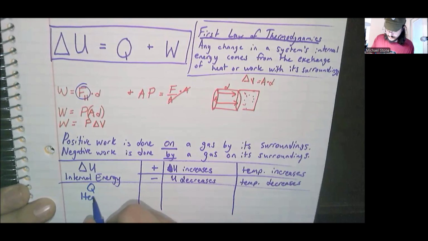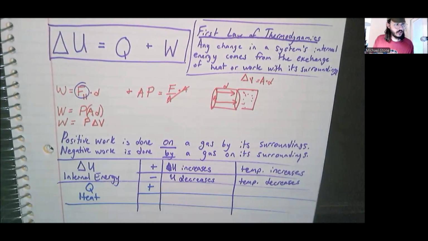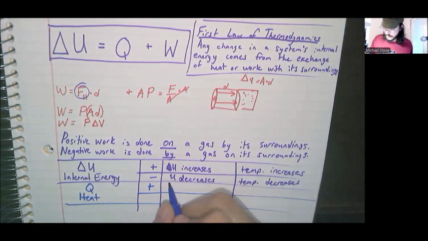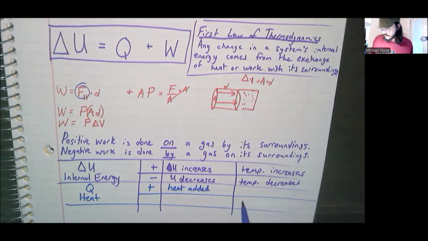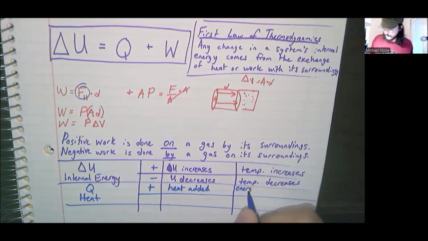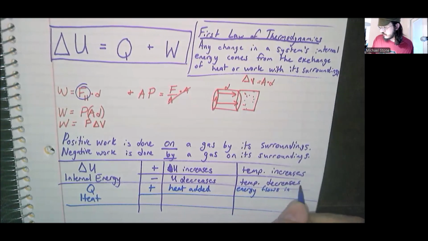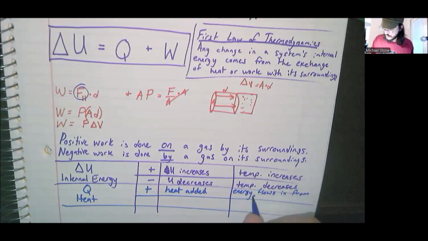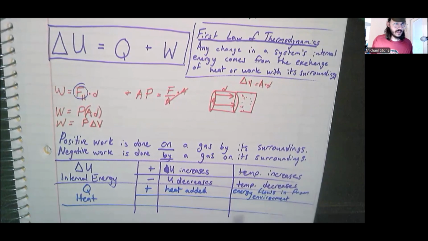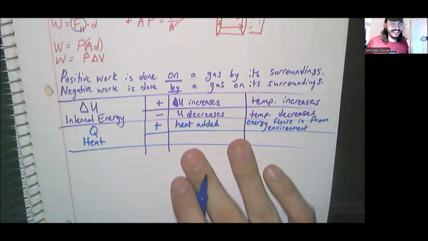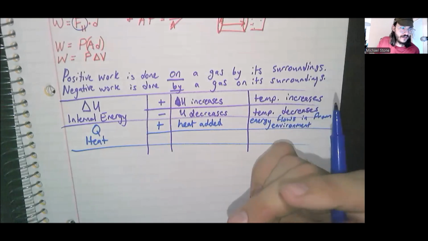Q, heat. If Q is positive, then we have heat added, which means that energy must be flowing in from the environment. Your gas is being heated from burning gasoline or some electric heating element or the sun, whatever.